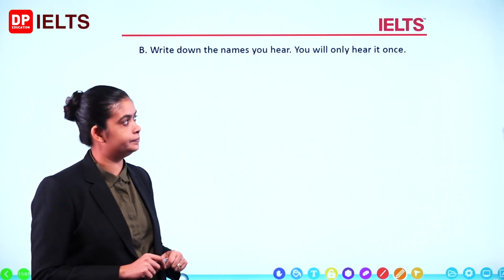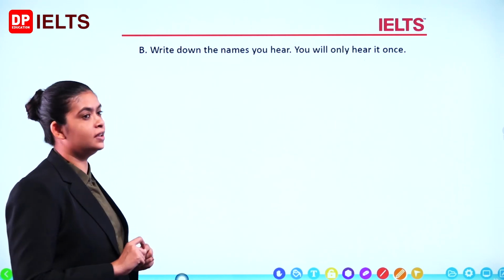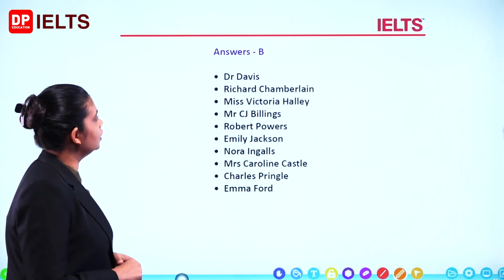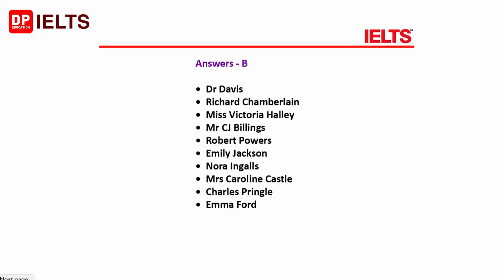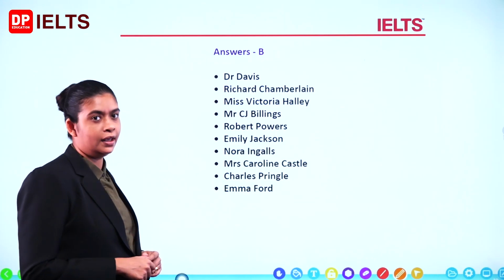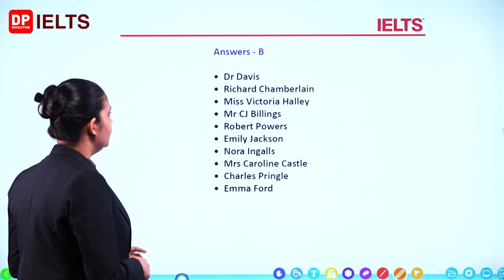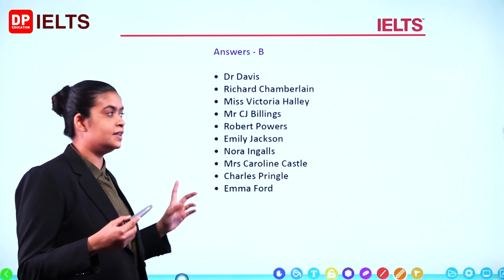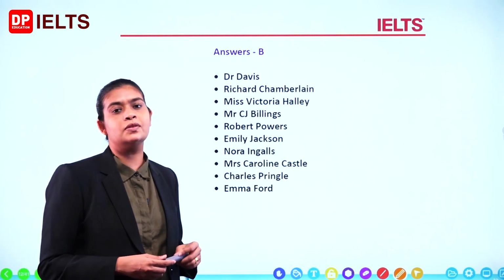Right, okay. So I hope you would have written the answers by now, the 10 names. Let's check your answers. Right, okay. So now you can see how important it is by listening to the names, right? So this practice is really important.